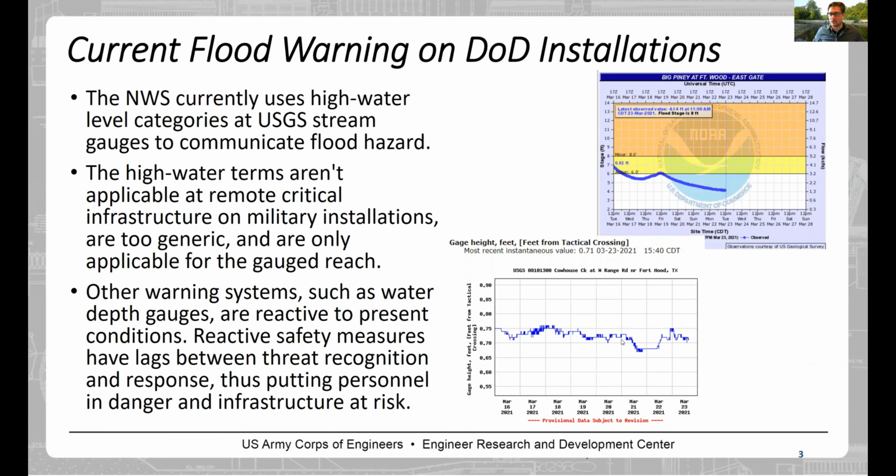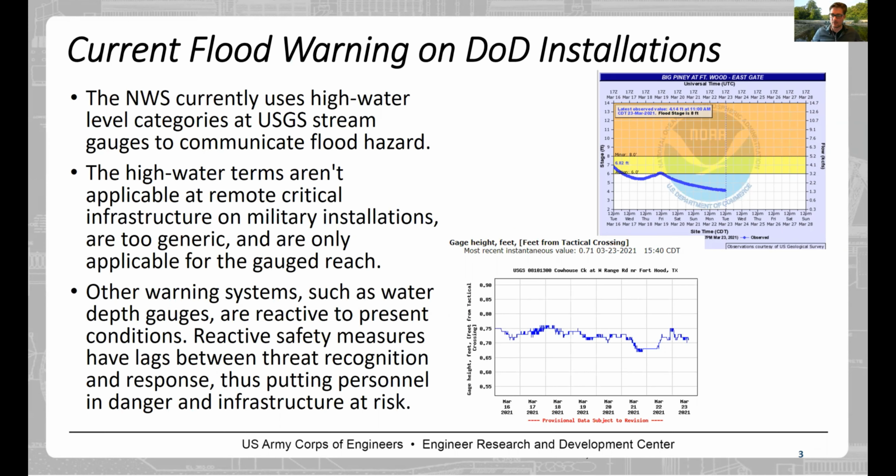Military installations, just like the civilian world, have access to several different kinds of flood warning systems. The National Weather Service will provide flash flood warnings, usually at a county-wide or a regional scale, saying that a given county or a given area is under a flash flood watch or a flash flood warning.